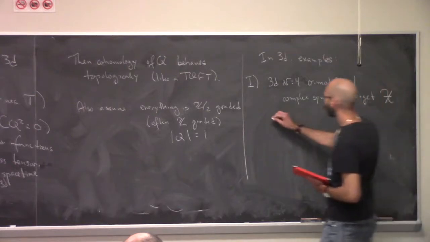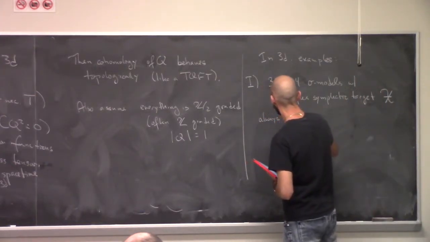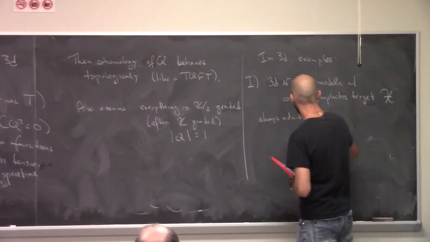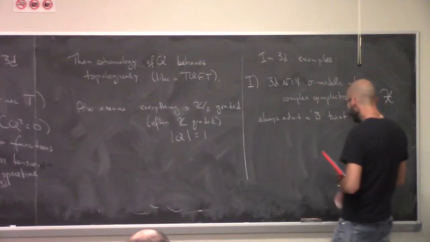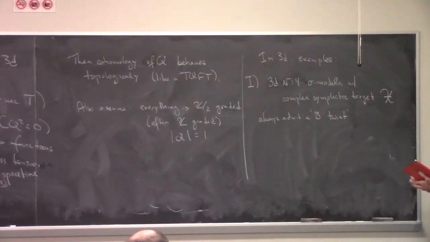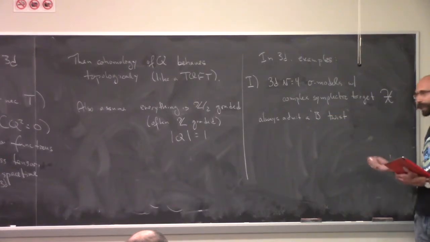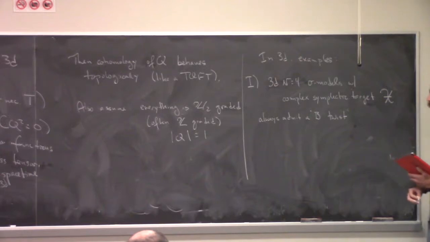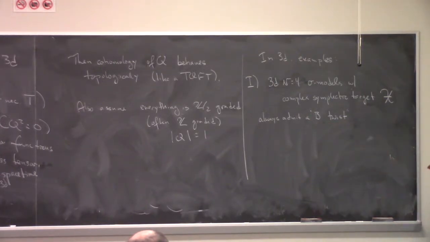So these always admit a B twist. And I realize that at this point, saying A or B twist may not make any difference. I'll go on and explain what algebraic objects are associated to this in a second.